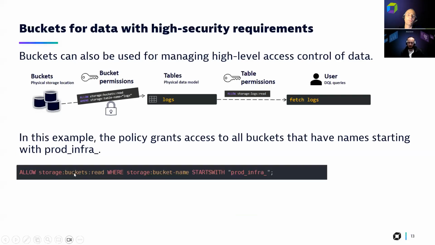In this example, we are briefly saying to allow these users to access the storage, giving them read permission, but only for the buckets which start with prod infra. So whenever that team runs a query, they can only reach these buckets. It will help you to adjust your security permissions.